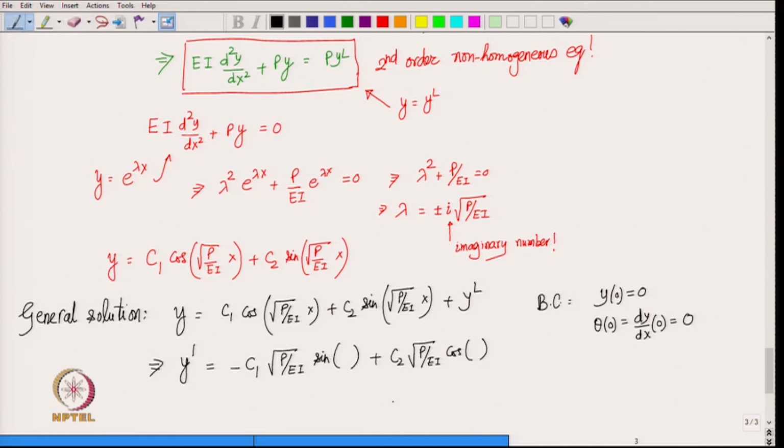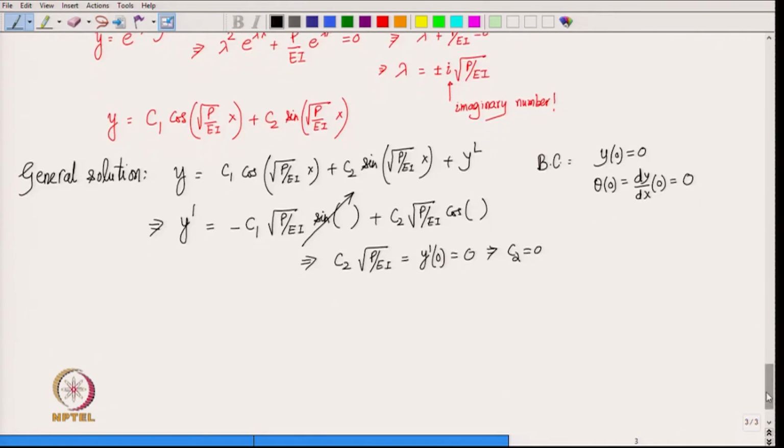And when we substitute x equal to 0 here, sine of 0 becomes 0 and cosine of 0 becomes 1. So, that means C2 into square root of P by E I is equal to y prime of 0, which is equal to 0 in this case, which means C2 is 0, right. And then we have to find out C1. So, to get C1 we have to say that y of 0 is equal to 0. So, we come back to our general solution with C2 being 0.